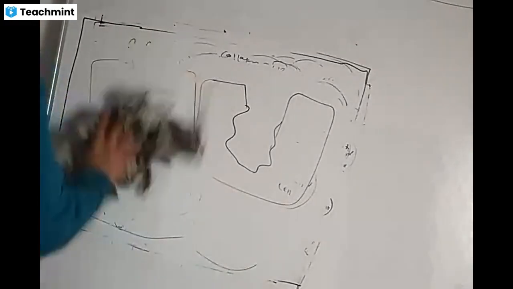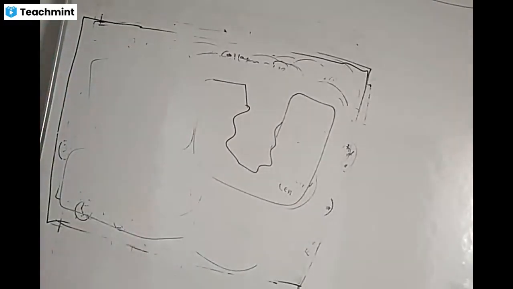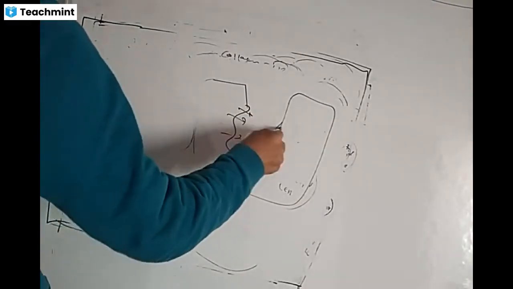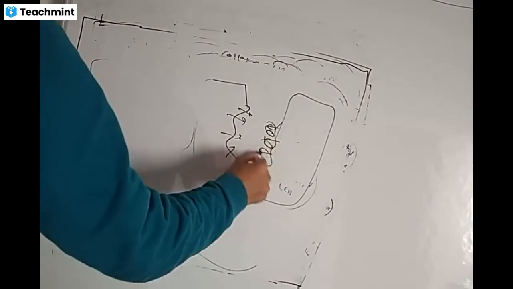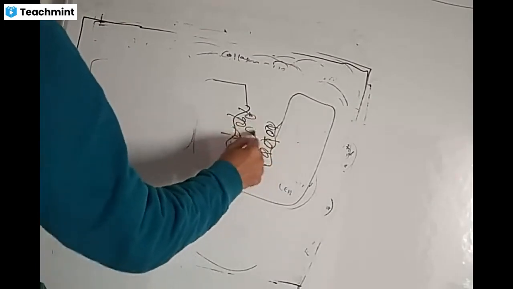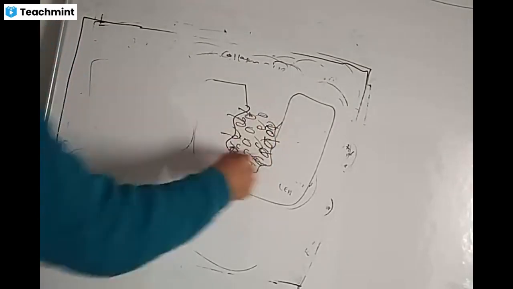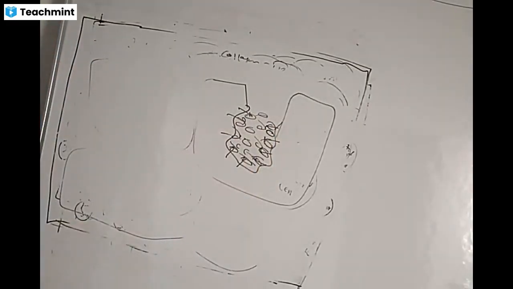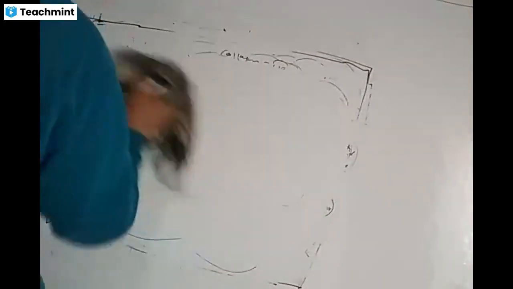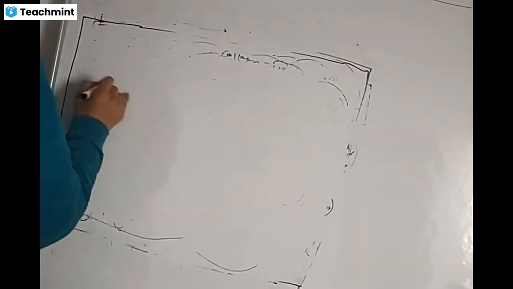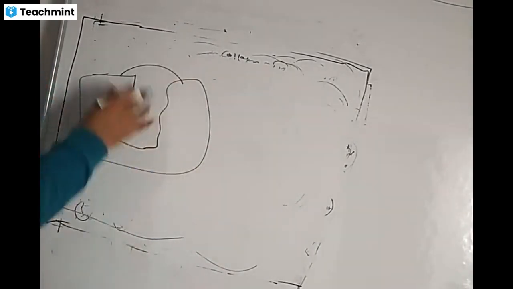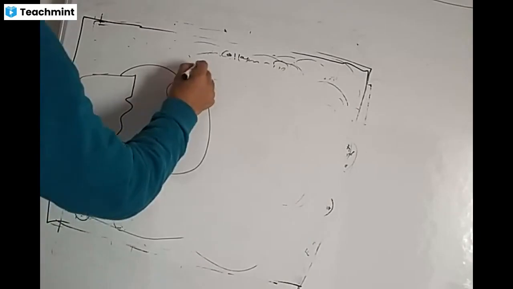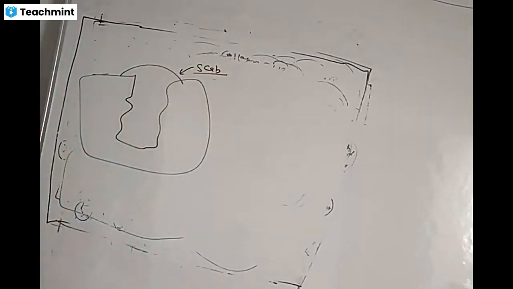But in case of large lacerated irregular margin wounds, this process will take a little longer. In this case also there is proliferation of the cells from the margin and they are moving towards the center. And one more thing about these cells: this whole process is going on below the surface of the scab.